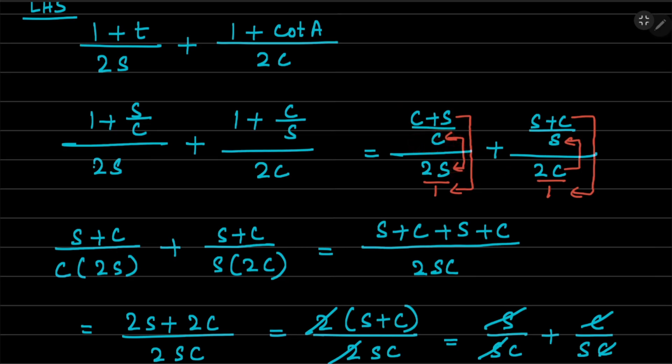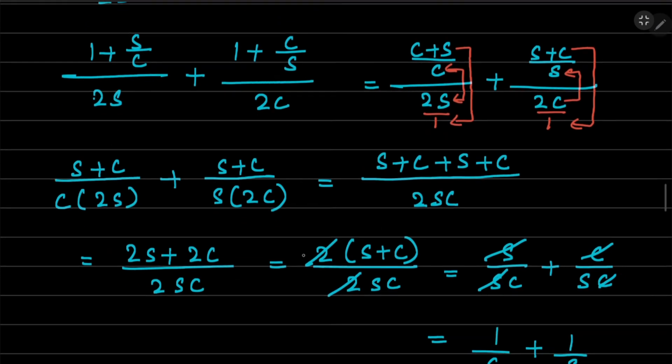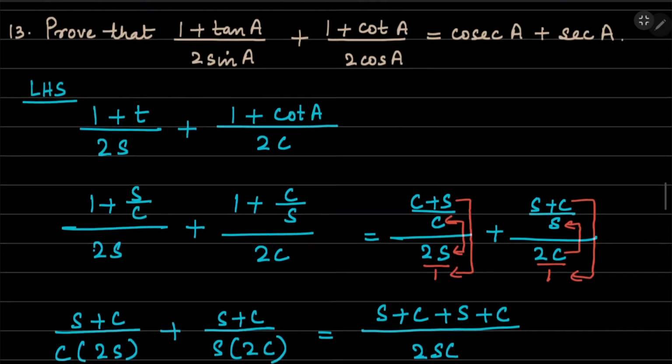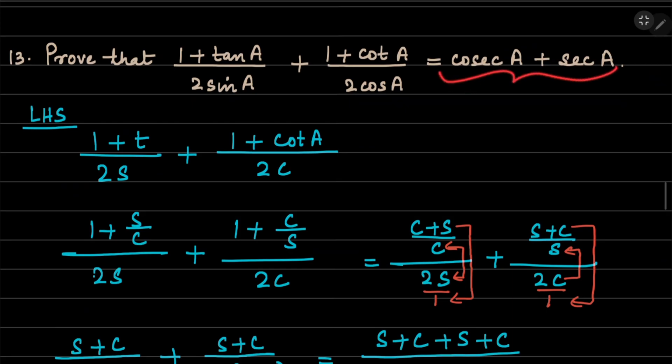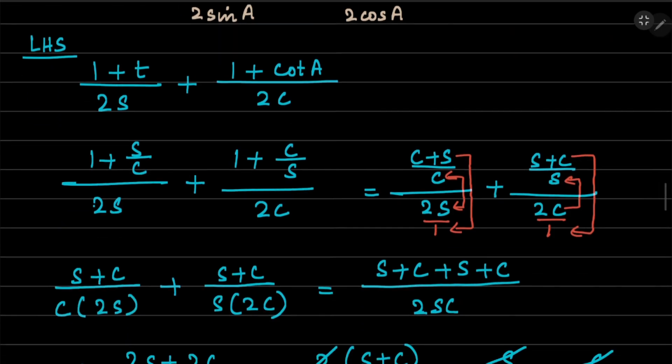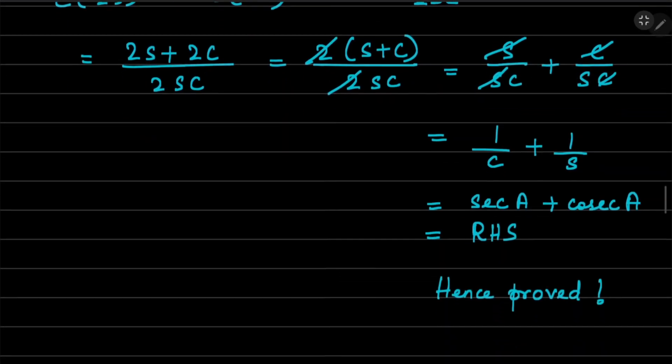These are small things which you have to be very, very careful about. And yeah, taking LCM, solving, simplifying, cancelling the terms. The minute you start to prove, keep in mind that this is what you have to reach. Then it's very, very easy.